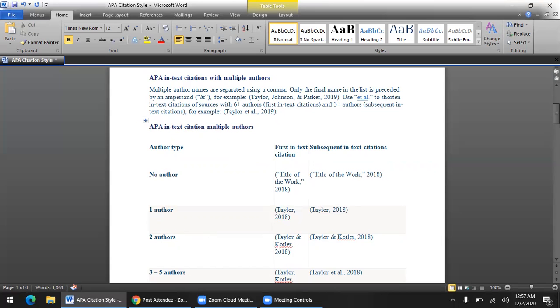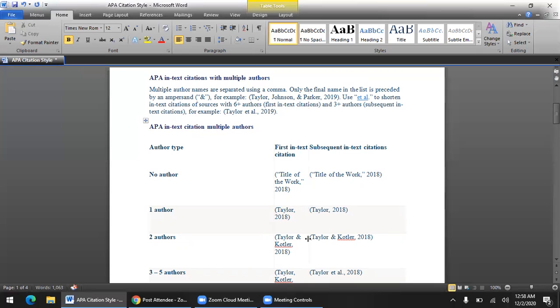Now come to two authors. If a work is written by two authors, how will you cite it in your research work? Keep in mind: Taylor and Kotler, 2018, in parentheses.